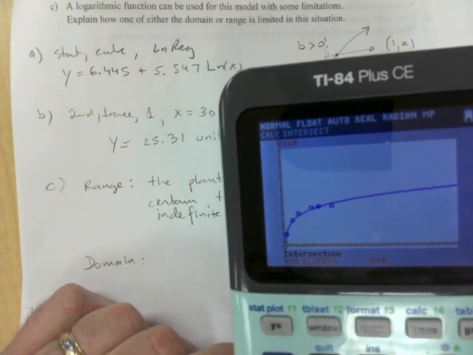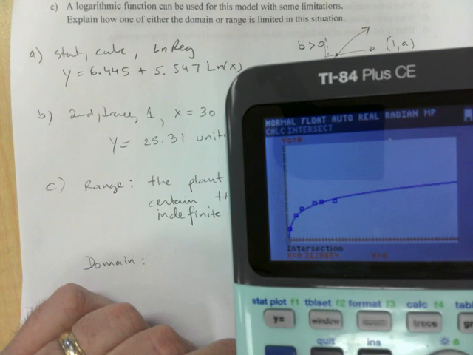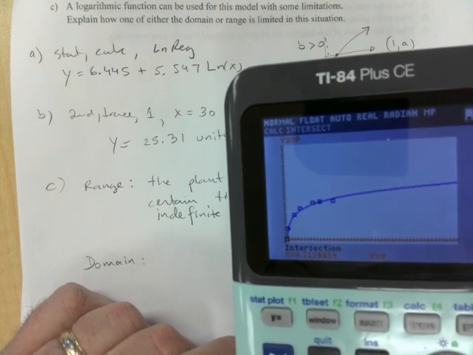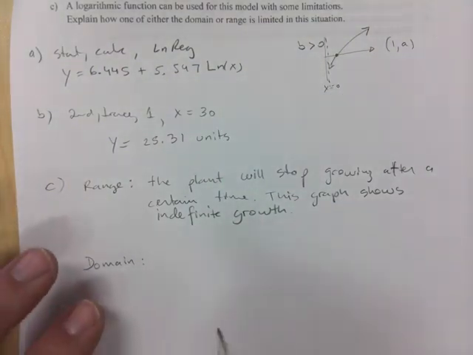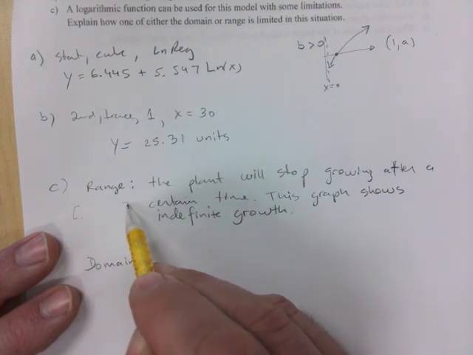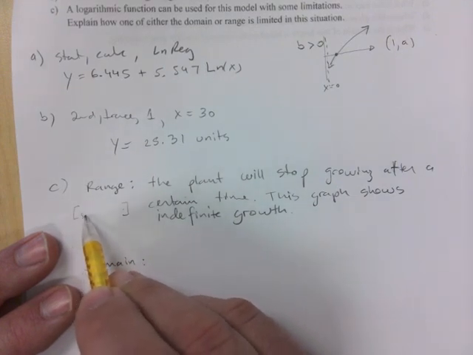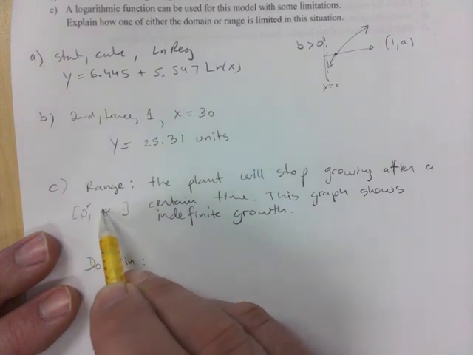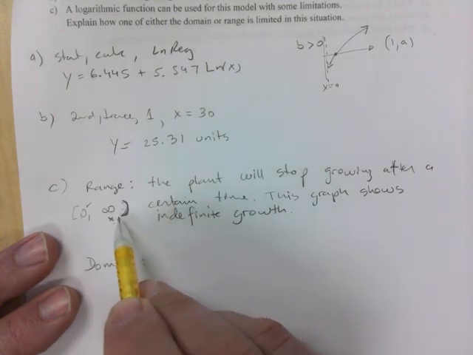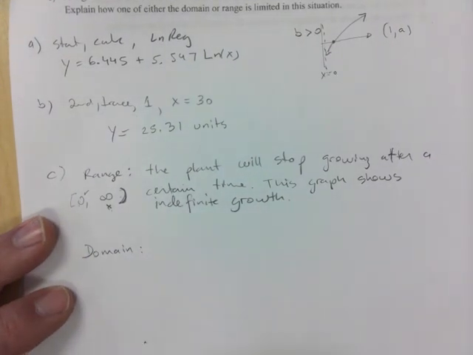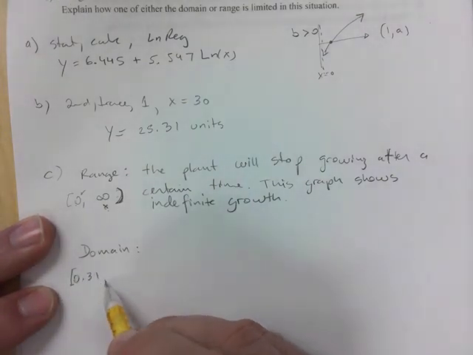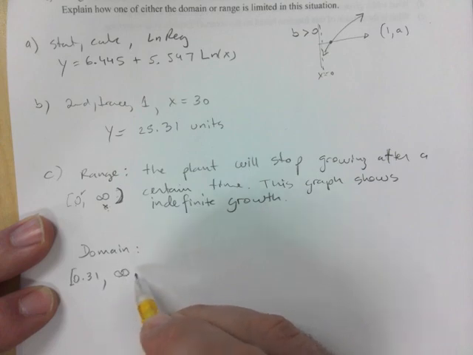It takes a little bit of time until you start seeing the plant appear. So I would say the domain is okay on the low end. On the range, remember, there's a low end and a high end. The low end of 0 is fine, but the high end, which would go on forever, is not realistic. So we're saying there's a limitation here. The domain would technically be from 0.31 all the way to infinity.